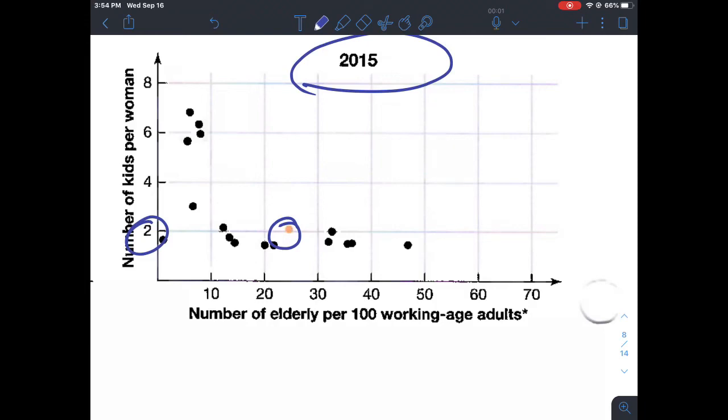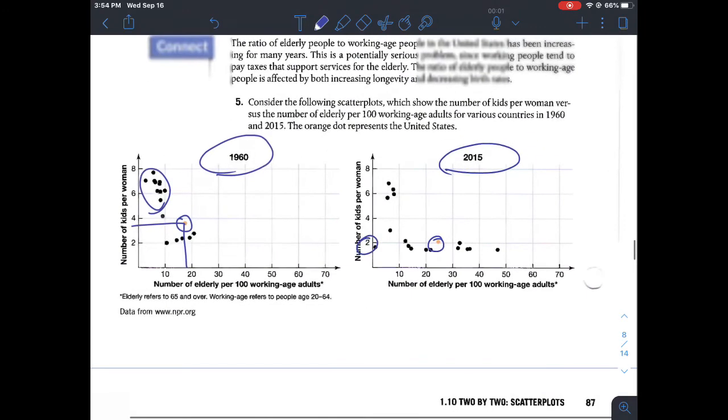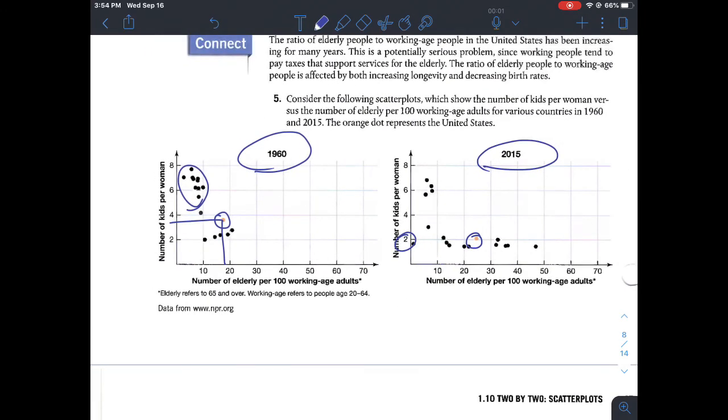Describe the changes in the scatter plot from 1960 to 2015. Okay, so we've noticed that, let me erase this so I can redraw on here. Notice that we had a lot of kids, not too many working, or I drew that backwards, not too many elderly people compared to the number of people that are working.